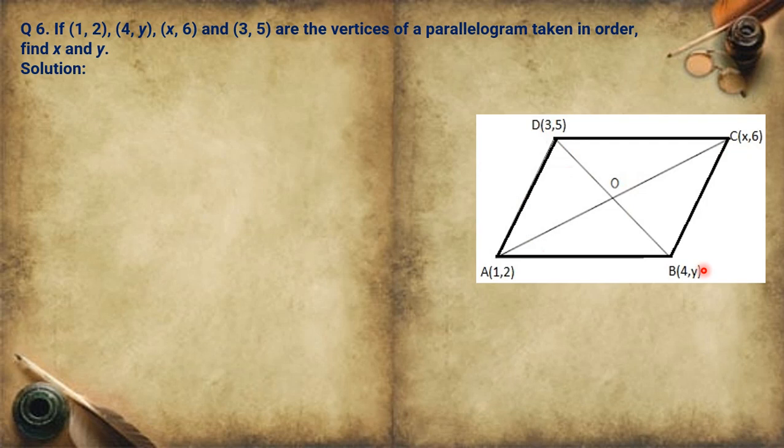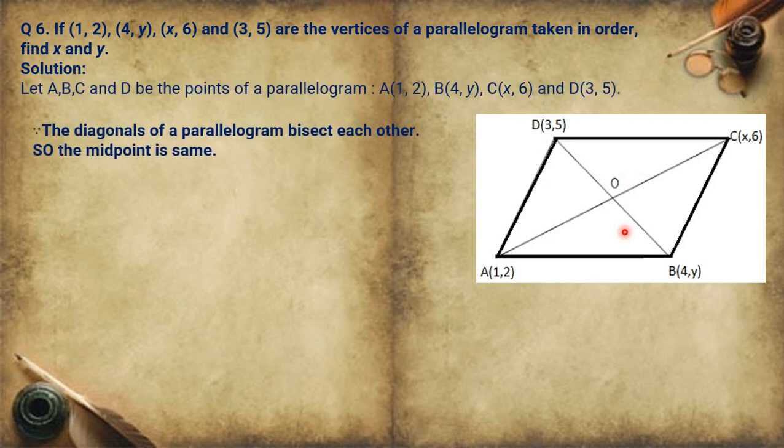For finding this, as we know that the diagonals of a parallelogram bisect each other, that means O is the midpoint for both the diagonals. So the coordinate of the point O will be the same in both cases, for the diagonal AC and BD.